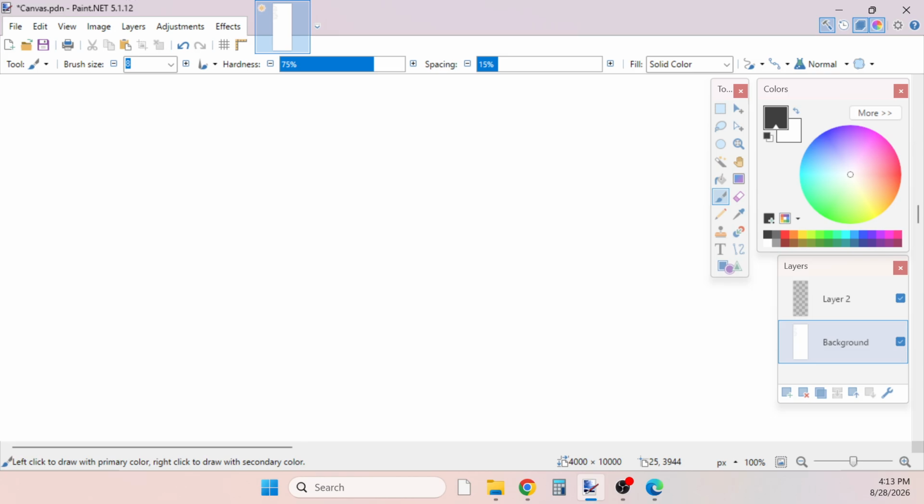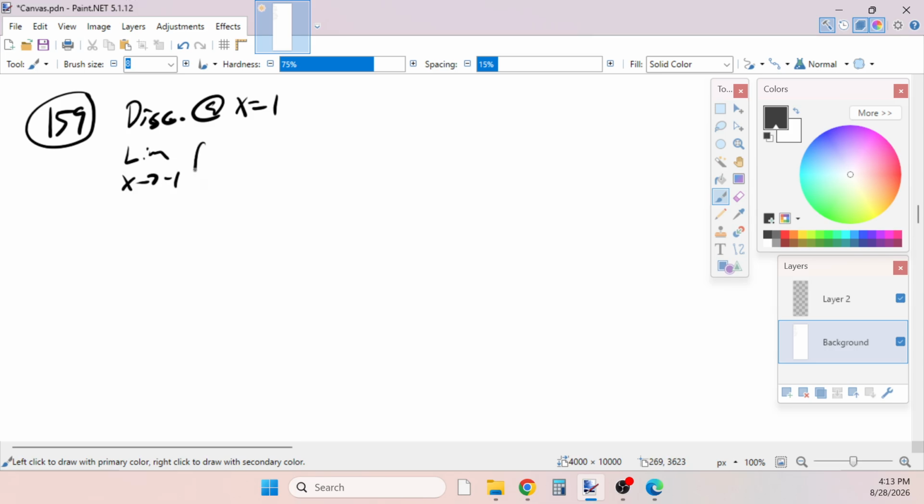Look at 159. For the following exercises, draw a graph with the property. We want it discontinuous at x equals 1. We want the limit as x goes to -1 of f of x to equal -1.